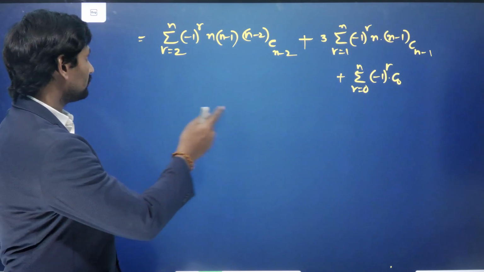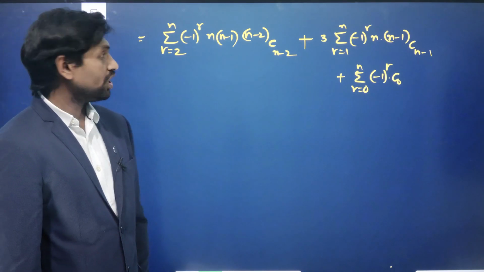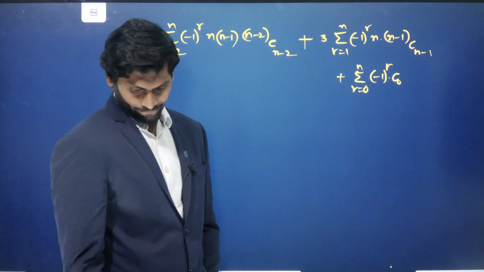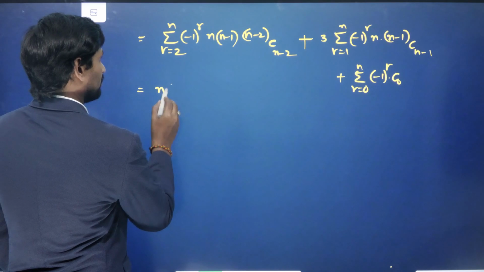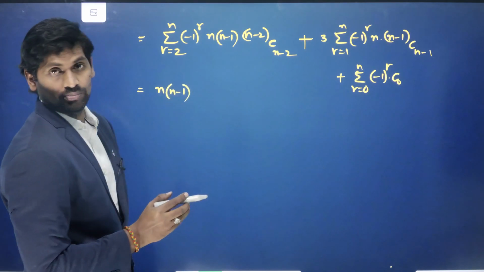Okay? Now I am just taking the common n into n minus 1. So here this one I am taking, from the first term, n into n minus 1 as a common term.